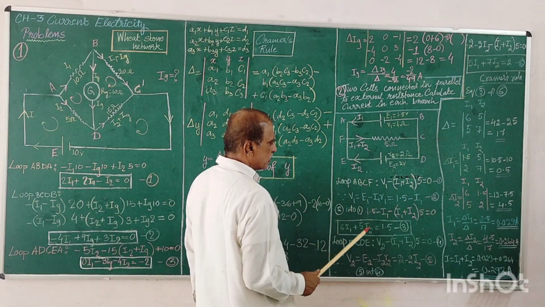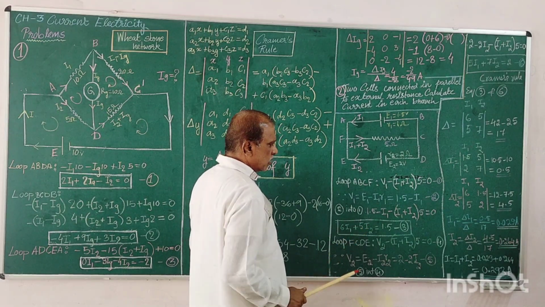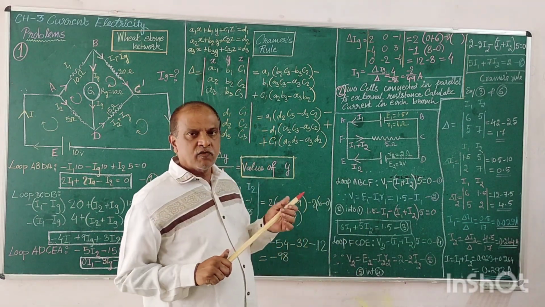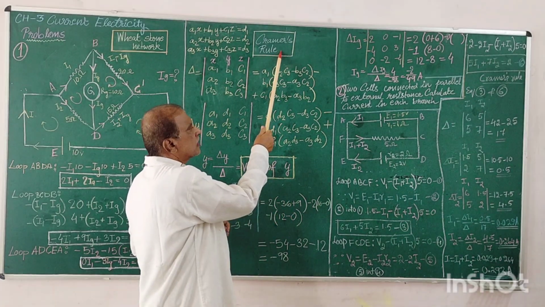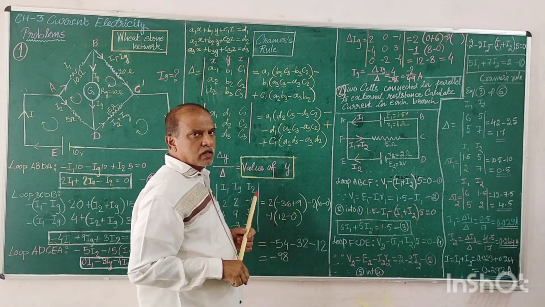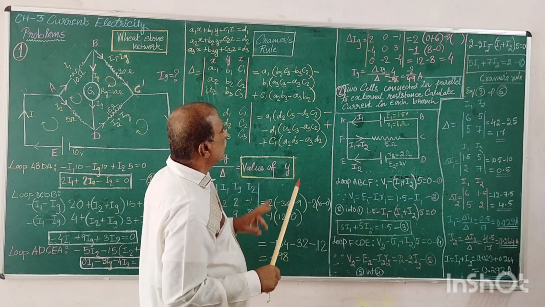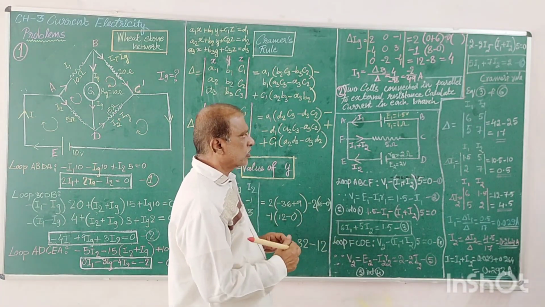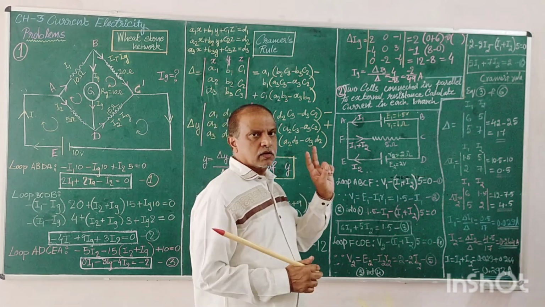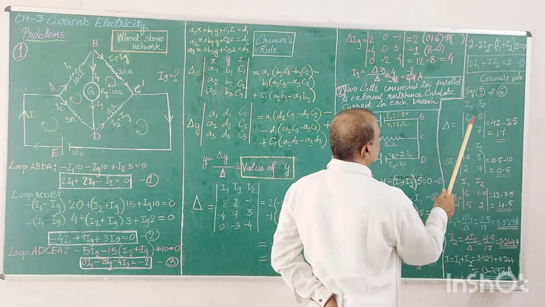From these two equations, there are two variables, I1 and I2. We have to solve for I1 and I2 using the same method, Cramer's rule. Here, a square bracket with only two variables, so it must have only two rows and columns like this.